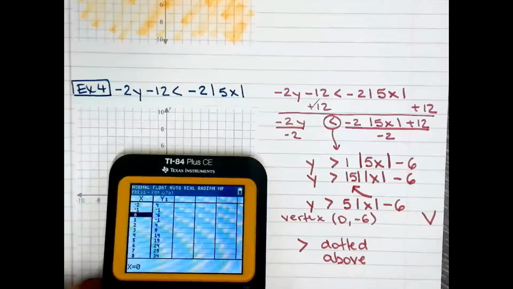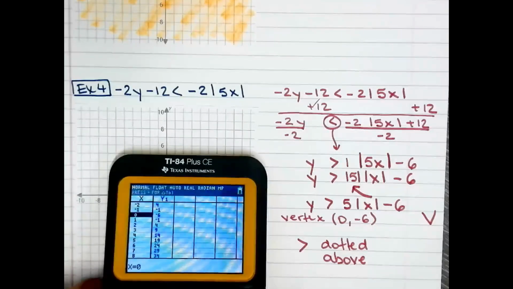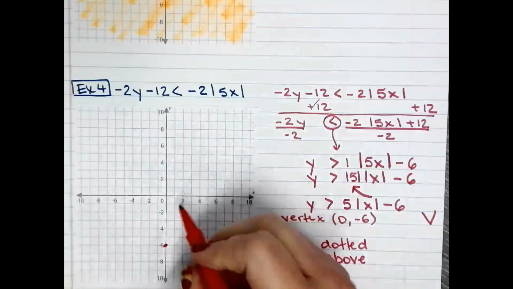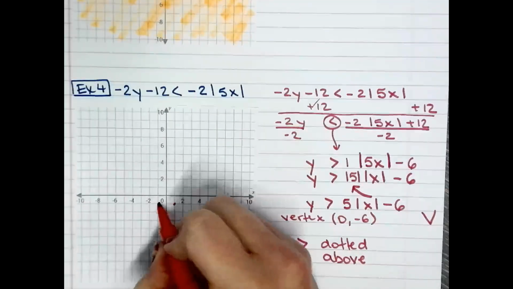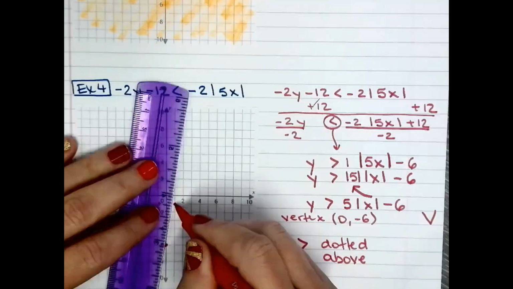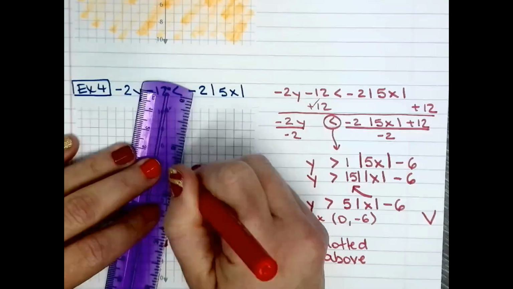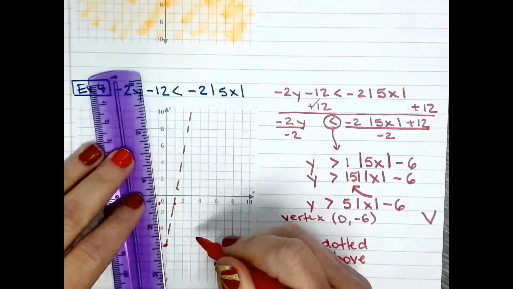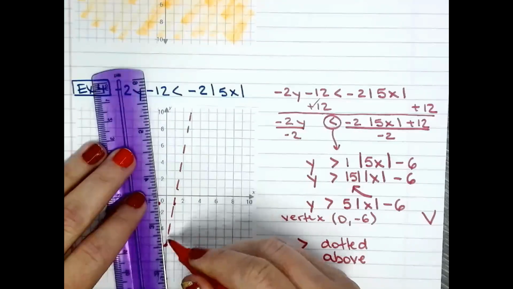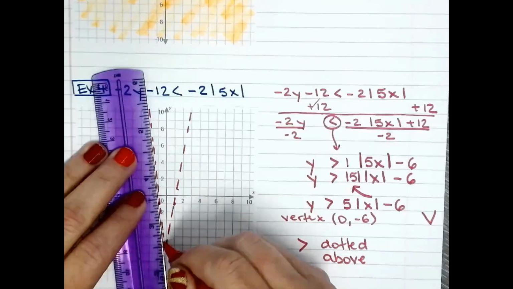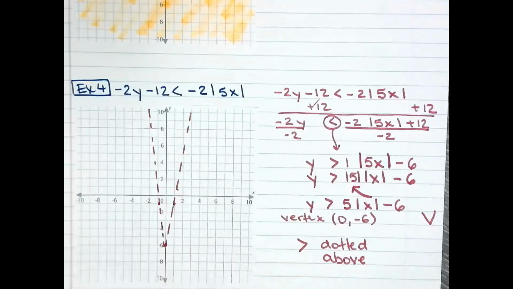So I have 0, negative 6. And then the next point will be 1, negative 1. So dotted line. And notice that if you forget to reflect that point, it's going to be just a regular line. And that is the wrong function here.